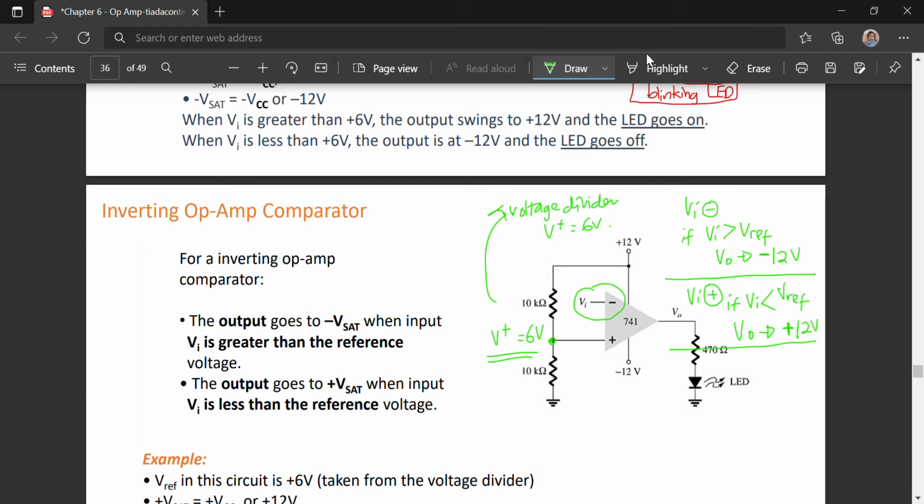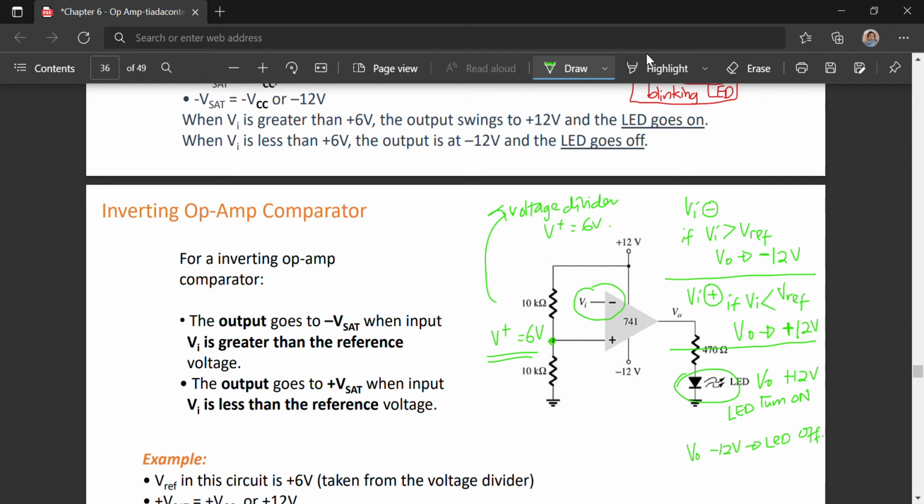Therefore here your LED will only turn on when Vout is positive, right? Vout negative 12 volt, your LED is off.